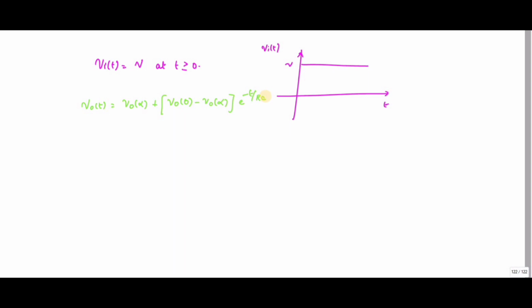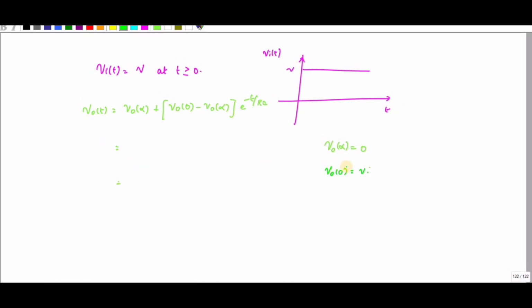The initial value is nothing but V, and the final value goes to 0 because I'm differentiating this one. Initially the value is V, and the final value goes to 0. So why is V0 of 0 equal to V?